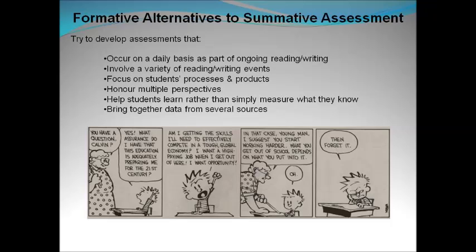There's concern with not just products, but also process, right? You don't have that in summative assessment. Really not a lot of concern for process. It's just product. When the rubber hits the road, what's Buddy do? In formative, we're much more concerned with process. And it honors multiple perspectives, right?